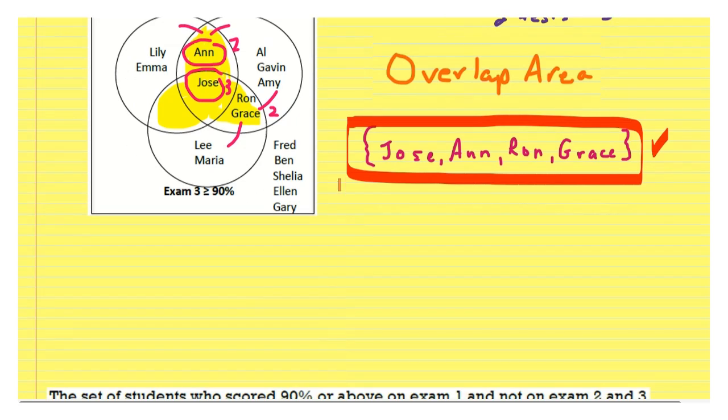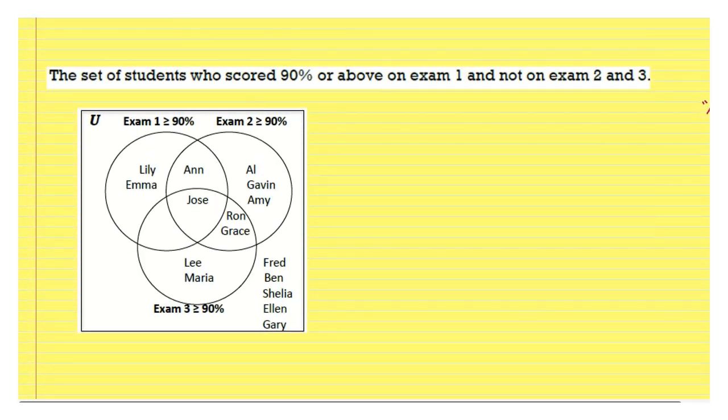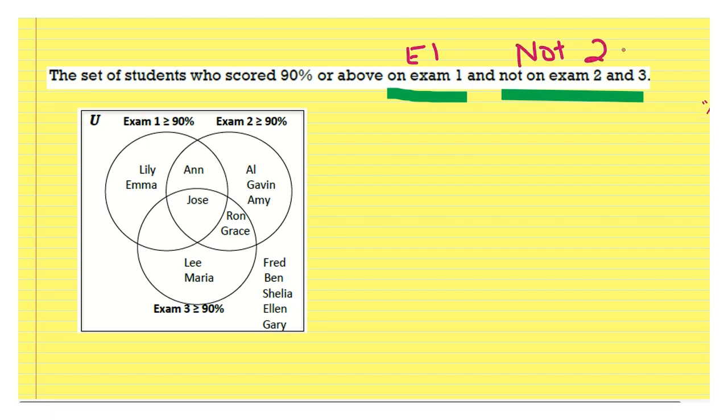Okay, let's go to the next one. The next one says a set of students who scored 90% or above on exam 1 and not on exam 2 and 3. So we've got exam 1 and we've also got not 2 and 3.